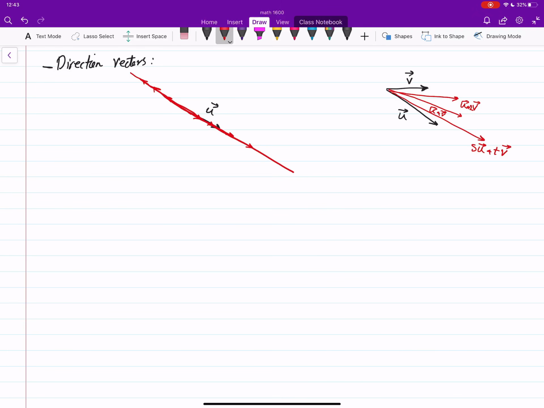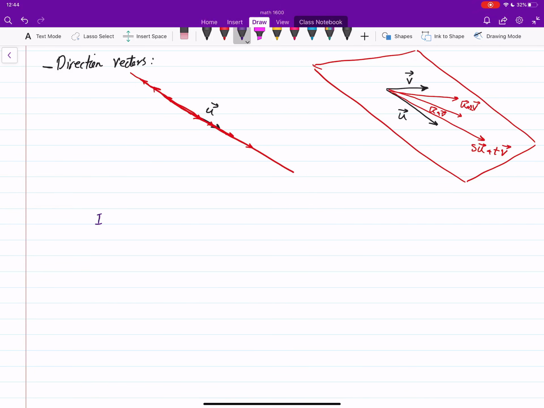If you put all the endpoints of such vectors together, you will get the plane. And basically that's where we have the vector form of the equation for a plane.